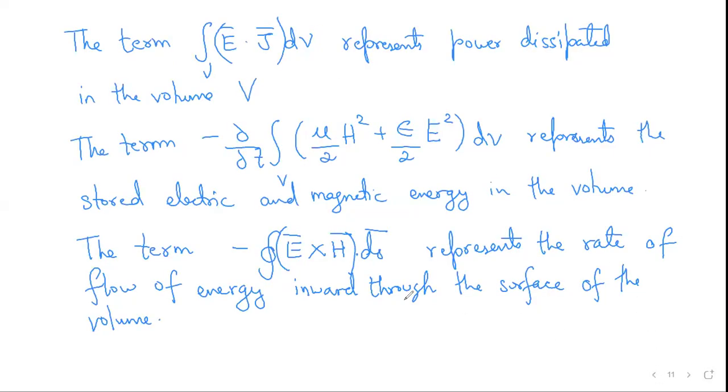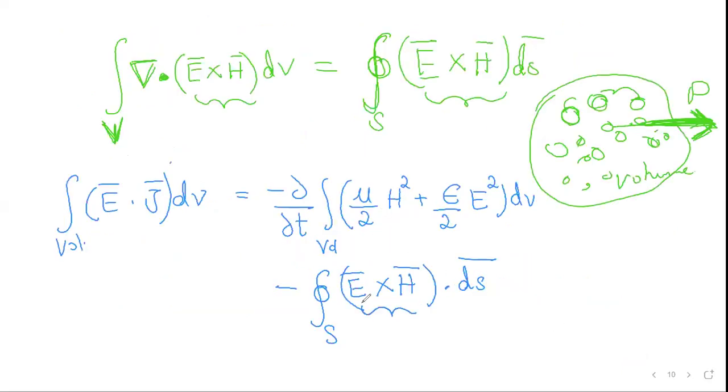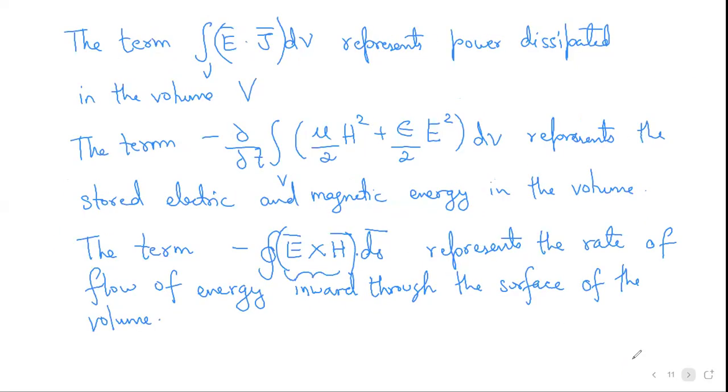Now, P is equal to E cross H. See, we have the E cross H here in the expression. Can you see this E cross H here? That's the Poynting vector. Okay.